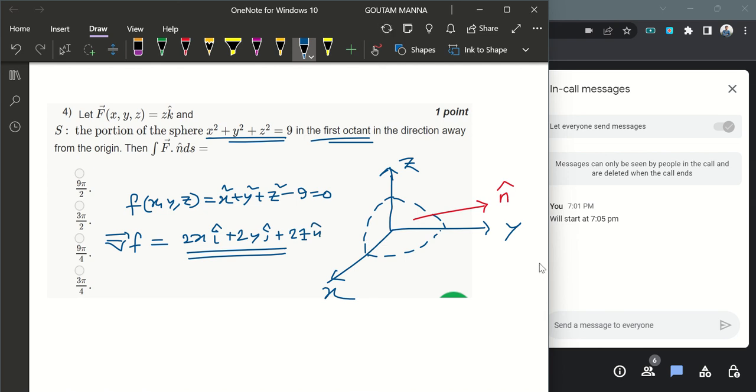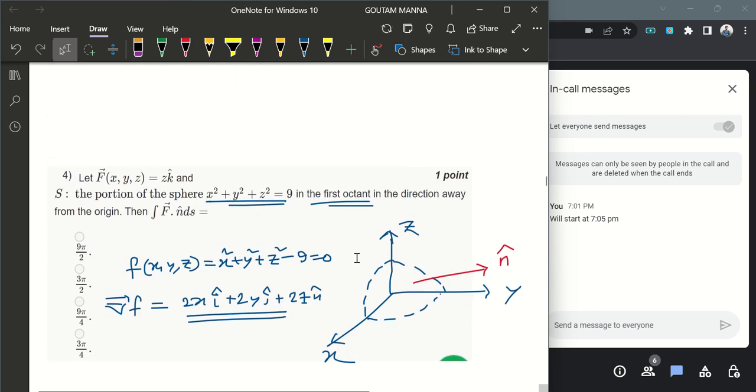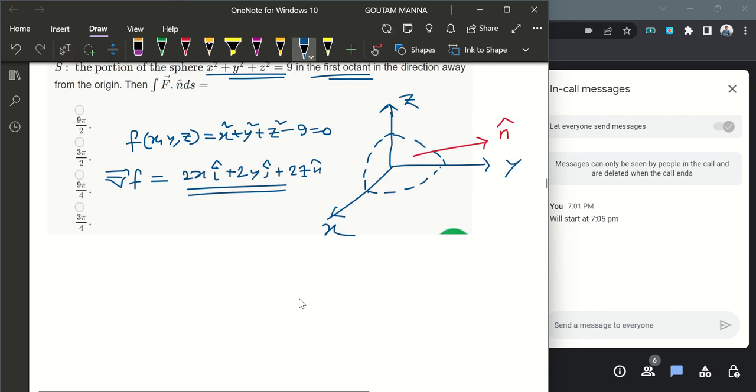So if you want to find a normal vector to any surface, then take the gradient.